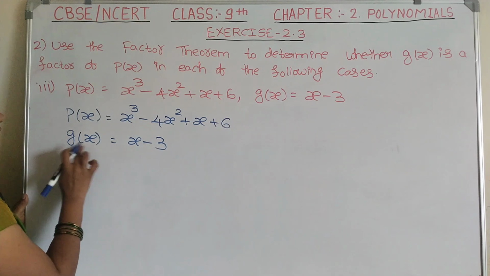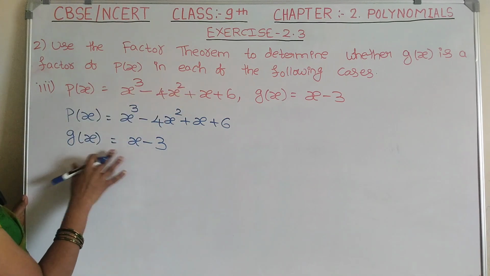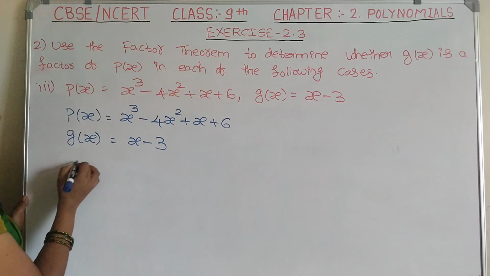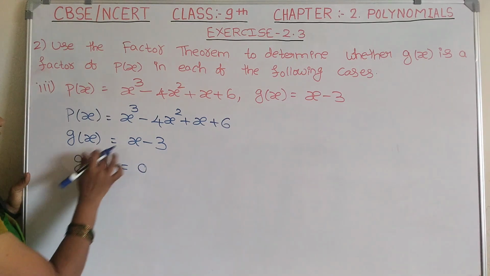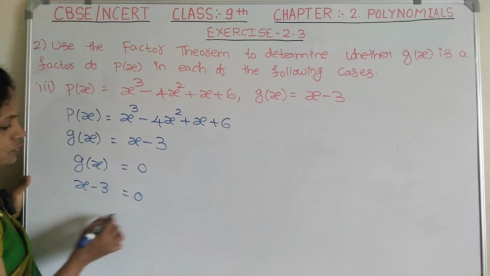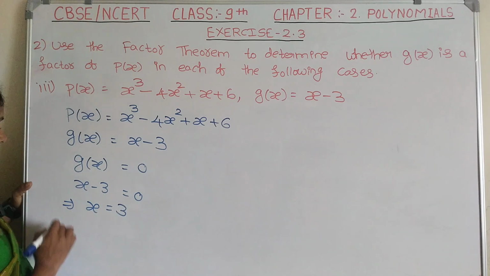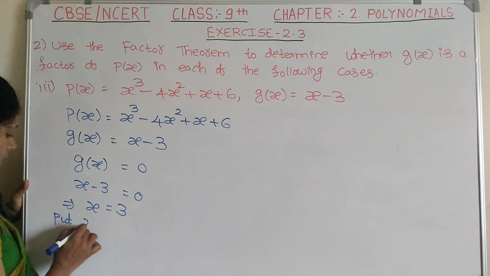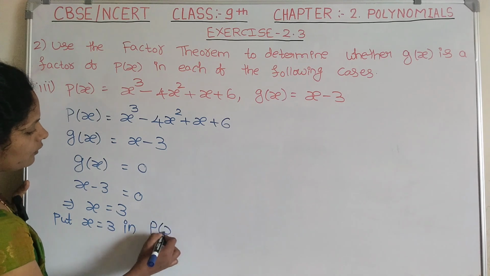To check whether this g of x is a factor or not, first of all we have to equate this g of x to 0. So what is this g of x? x minus 3, which is equal to 0. So we get x is equal to 3. Put x is equal to 3 in p of x.